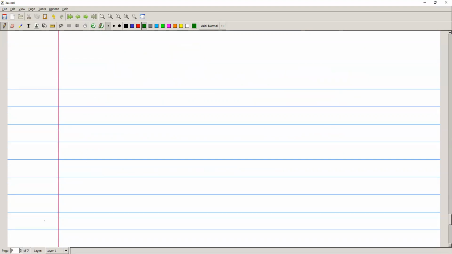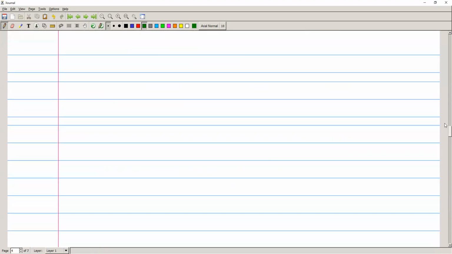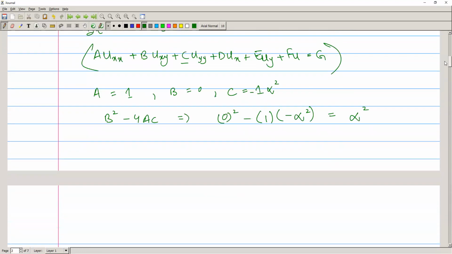So what our b squared minus 4ac gives in this scenario is a positive value, that is alpha squared. So b squared minus 4ac is equal to alpha squared, and it's a positive value. What that means is that b squared minus 4ac is greater than 0, because alpha squared will always be positive because of this square.